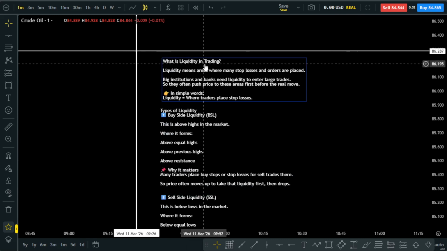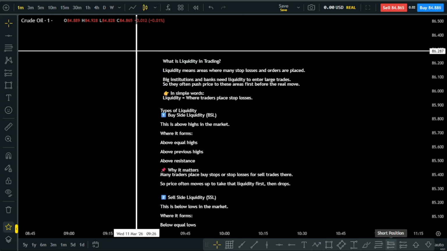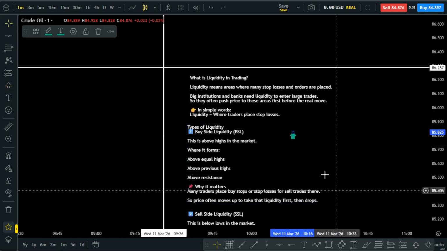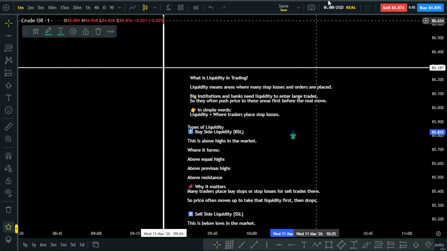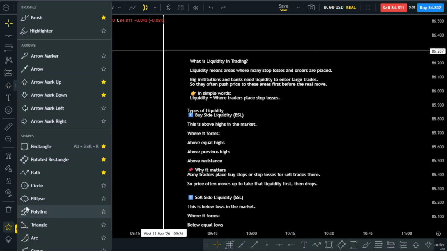So what is liquidity in trading? Let me just look for something which I can use just for pointing.